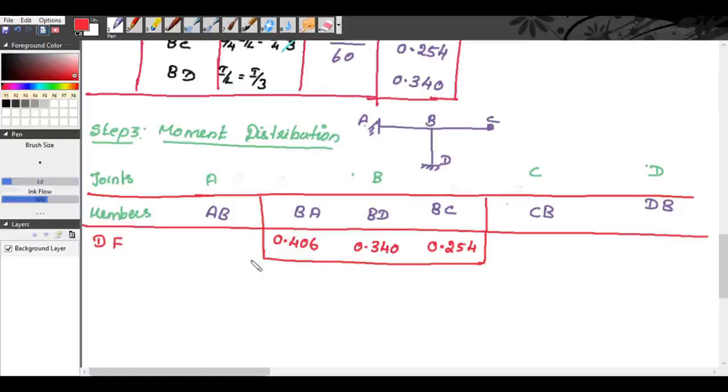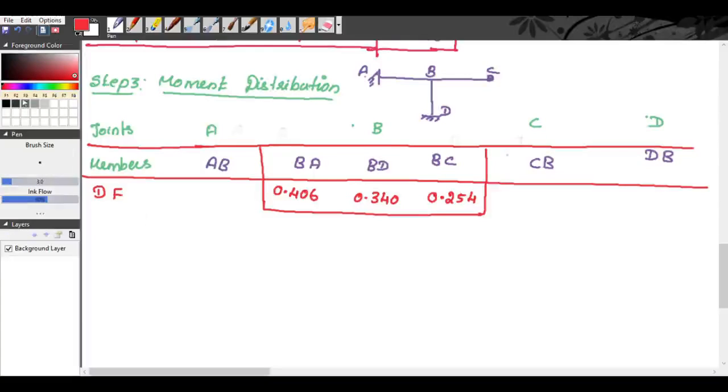Okay, now we will draw the lines. See how we will draw the lines. AB is a beam, right? So the sharing of moments is between A and B. So these both come together, and we will put a line here.